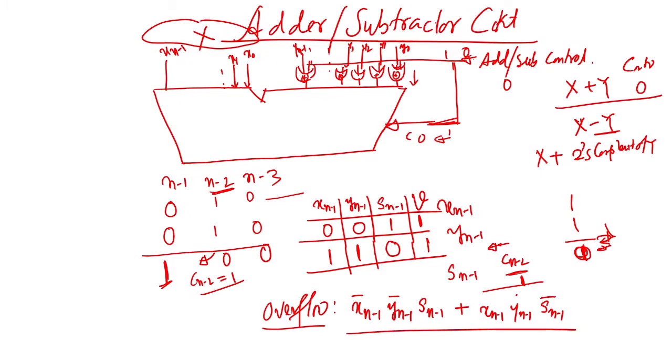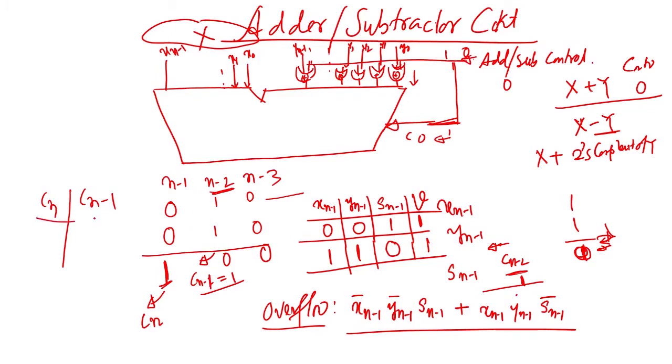It is not only that, there is another way to identify whether there is any overflow or not. If we look at C n and C n minus 1, let us say from this position whatever is coming out, this is C n and this is the C n minus 1 position.